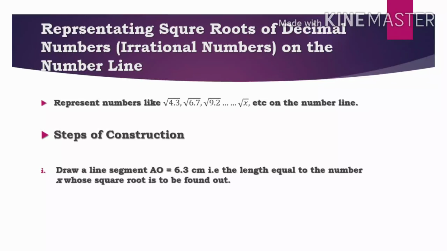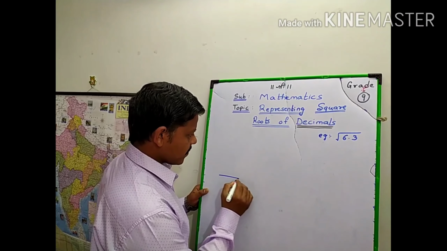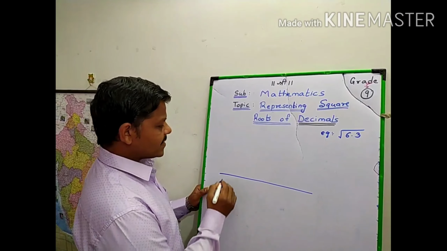So now, while locating these kinds of numbers, that is square roots of decimals, what we first do is draw a line segment.